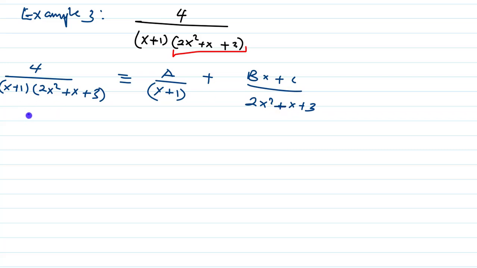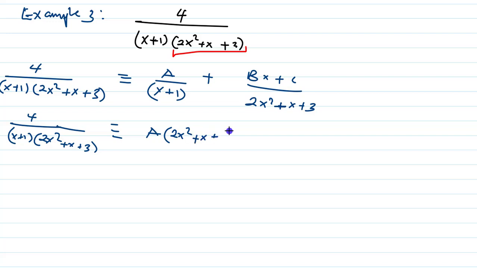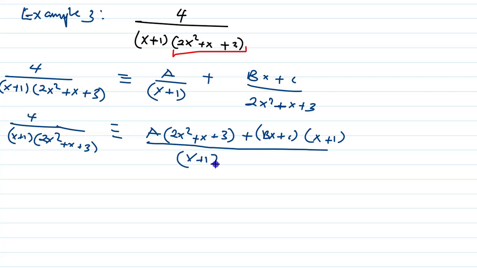Alright, so I'll write this as 4 divided by x plus 1, 2x squared plus x plus 3 being equivalent to a into 2x squared plus x plus 3 plus bx plus c into x plus 1, all this divided by x plus 1 into 2x squared plus x plus 3.